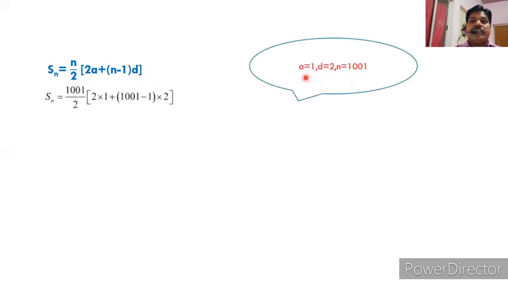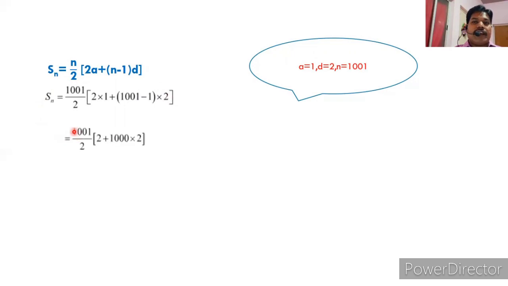Already you know the values: a is equal to 1, d is equal to 2 and n is equal to 1001. Substitute all these values in this equation. Sn is 1001 by 2 into 2 into a value 1 plus n minus 1, that is 1001 minus 1, into d, d is equal to 2.